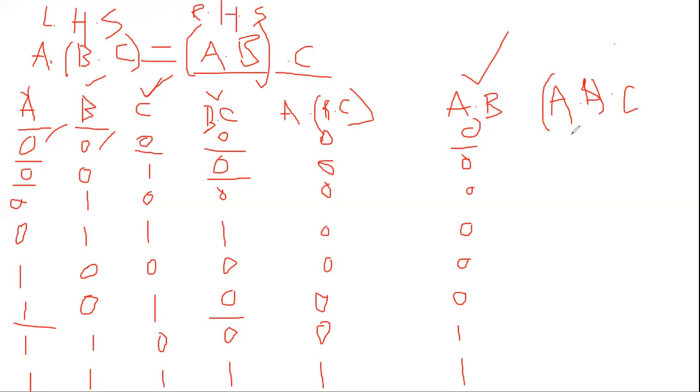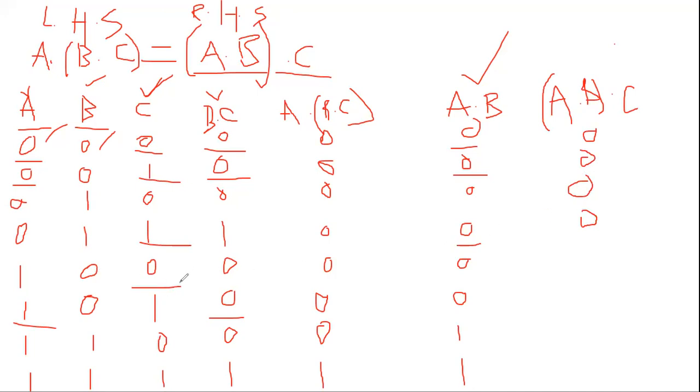0, 0. What is the answer? 0. Next 1, 0, 0. Next 0, 0, 0. Next 1, 0, 0.